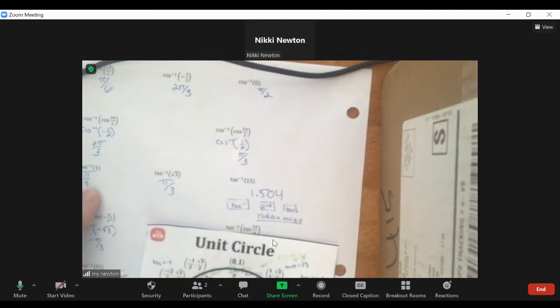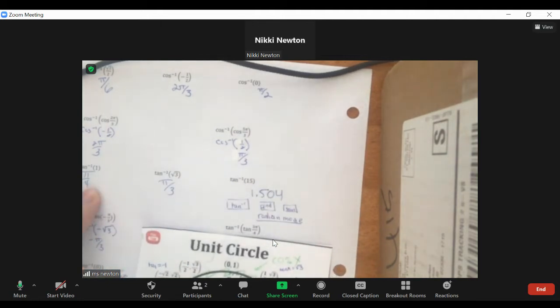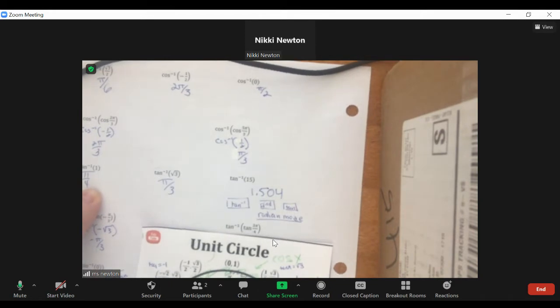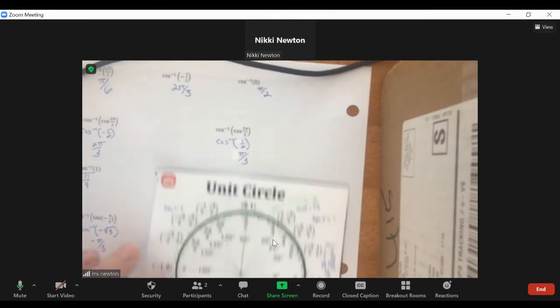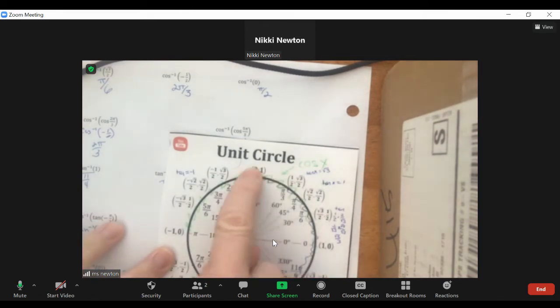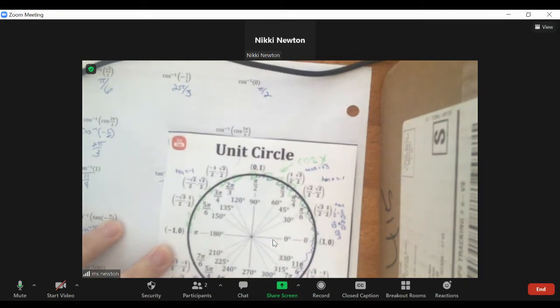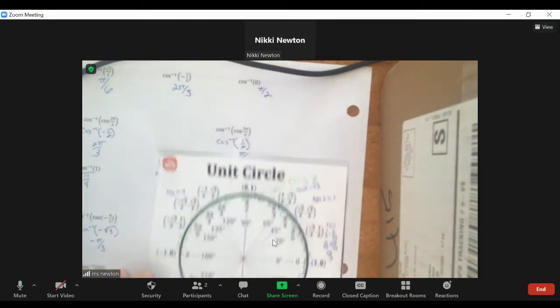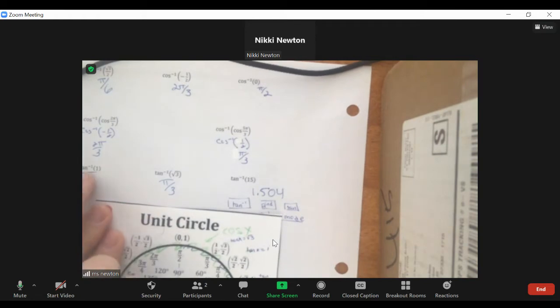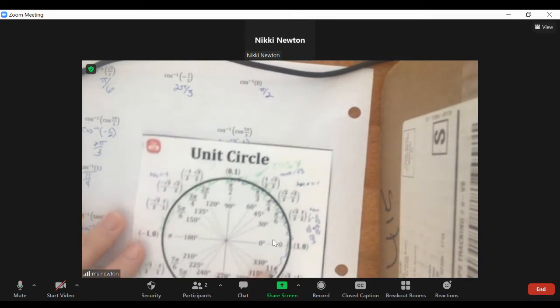Right, now we're moving on to tangent. So remember that our tangent restriction goes between negative pi over 2 and positive pi over 2. So it has the same region of angles as sine did. So I indicated that with my squiggly blue region. So over here, if I want to know tangent inverse of 1, that means what angle gives me a tangent equal to 1.